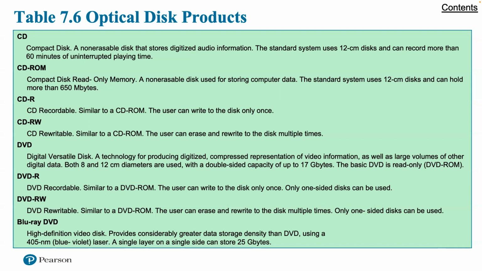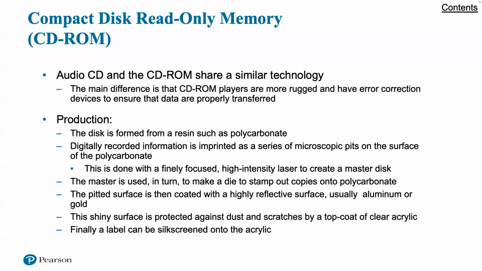The huge commercial success of CDs enabled the development of low-cost optical disc storage technology that has revolutionized computer data storage. A variety of optical disc systems have been introduced, and we're showing that here, going from the CD all the way to the Blu-ray DVD, and you can have a Blu-ray writer as well.